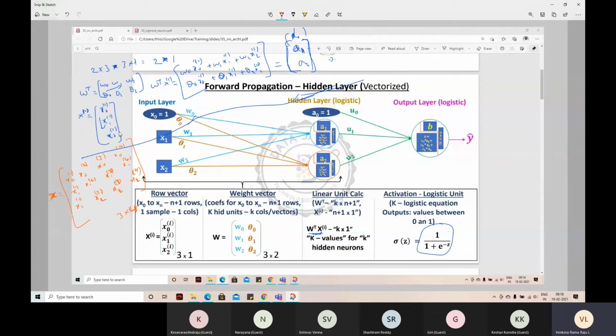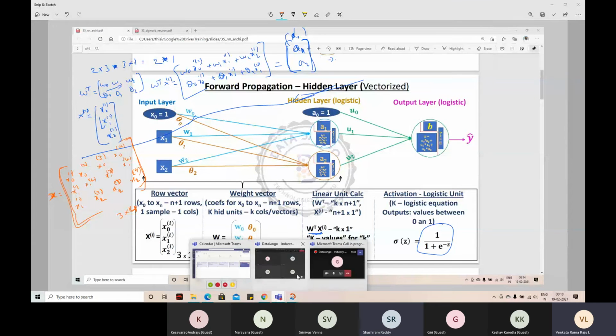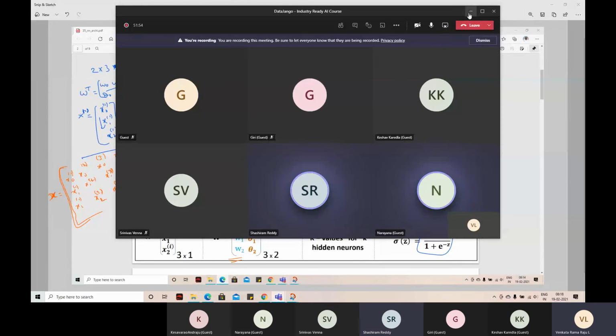So, will the W matrix change if you pass 4 records? No. Any questions there? Sir, this is clear.